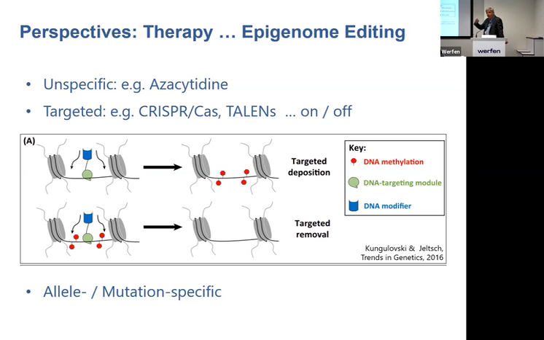They address mutated alleles and try to deposit methylation in the mutated allele. Think about a RAS mutation activating and you can silence it by methylation, and only the mutated allele, not anything else. So that's something we work on. That's kind of allele-specific or mutation-specific DNA methylation.